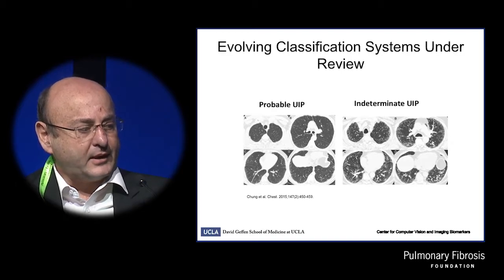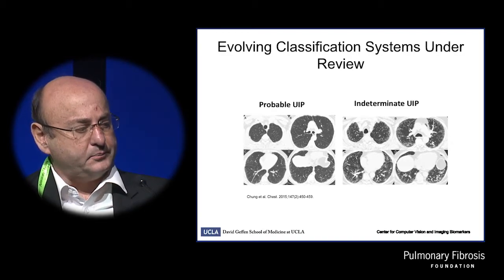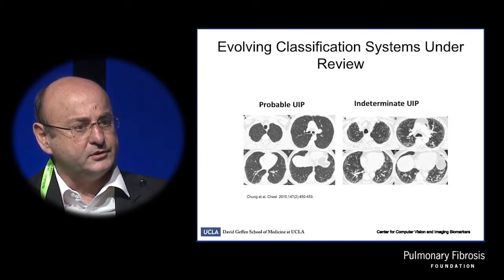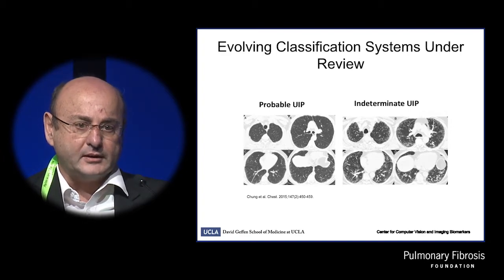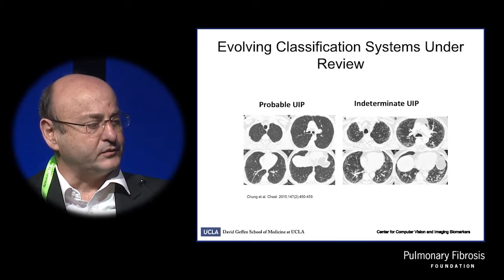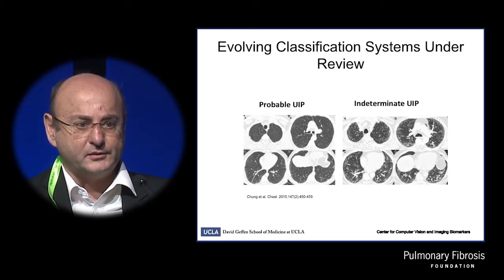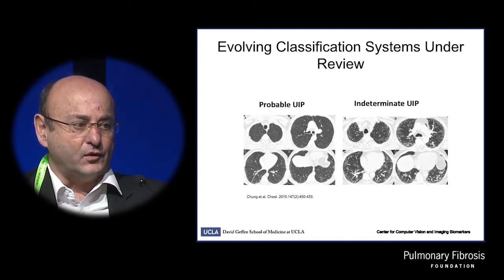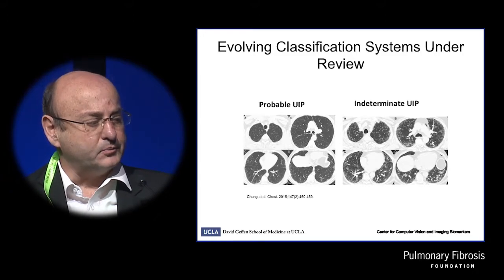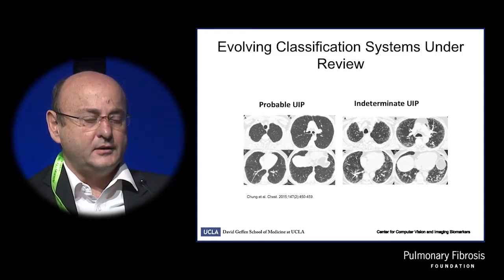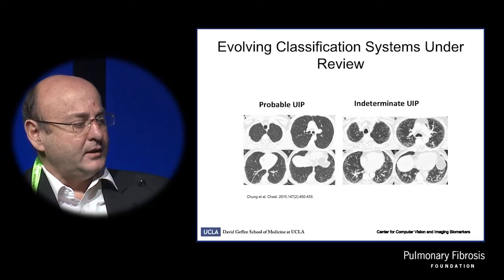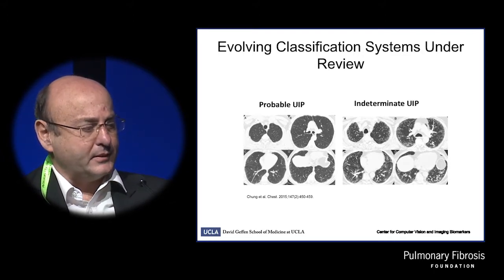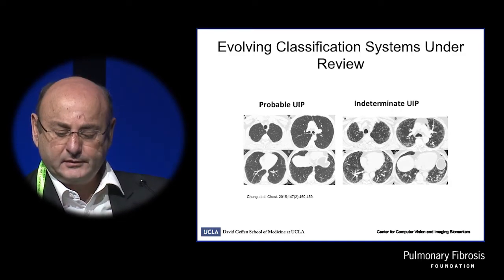But we now know that cases that we think were possible UIP, probably from some very nice work by Jonathan Chung and David Lynch, could probably be reclassified into two groups themselves, probable and indeterminate. That in itself is likely to play a role in the evolving classifications, and we are at the brink of some new classifications. Several societies have been working with consensus panels and broadening the literature to do that.